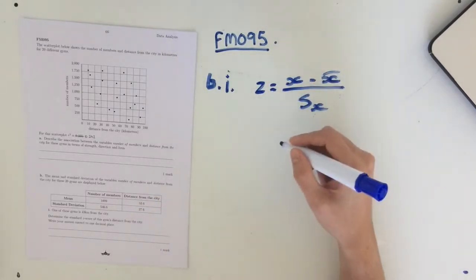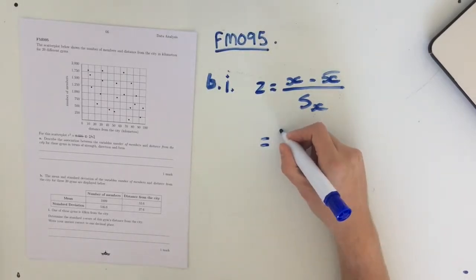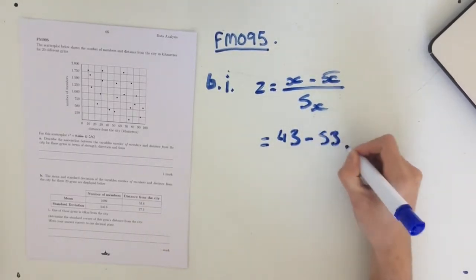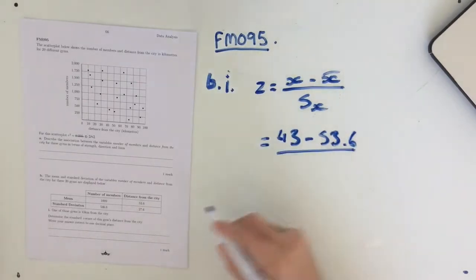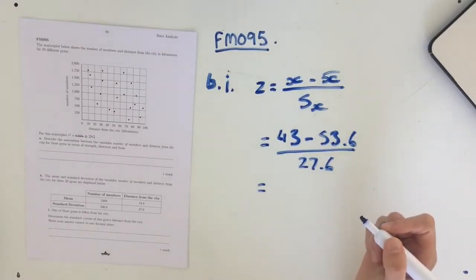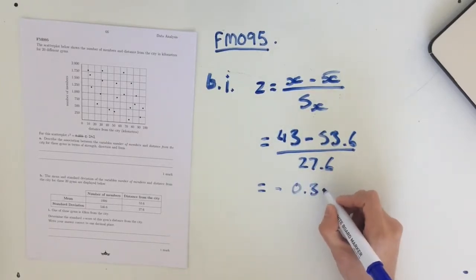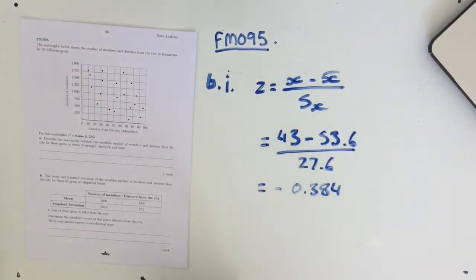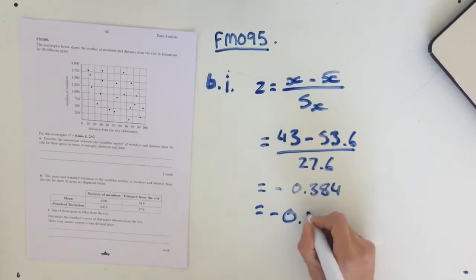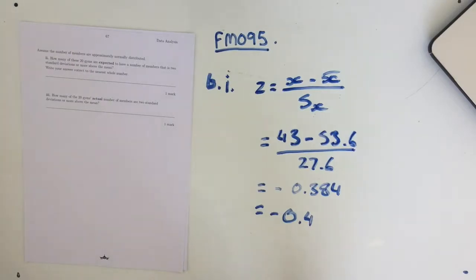Substituting in, we get our actual value of x at 43, minus our mean of 53.6, all over our standard deviation of 27.6. Equating this out, it's something like negative 0.384. But they want this to one decimal place, so our final answer is negative 0.4.